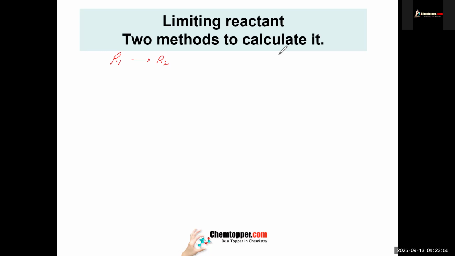The second method is that you take your reactant 1 and reactant 2, convert them separately into product 1, the same product. Don't take other products, same product, and check who is giving you the minimum amount of the product. That will be the limiting reactant.